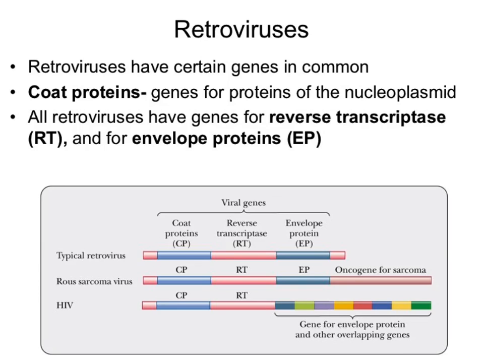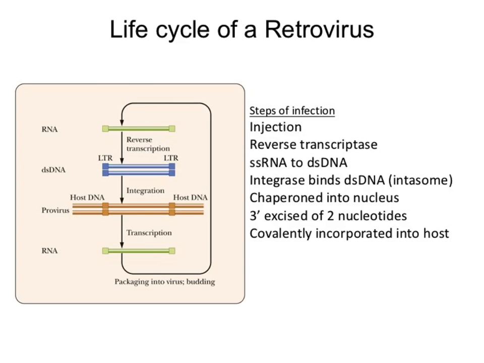So we have an initial reverse process, RNA to DNA, but now we also have to go viral DNA to host DNA. That's also not really provided, so we need another enzyme supplied by the virus to allow that to happen. So we get two big things that come in. We get the injection, we get the reverse transcriptase, meaning our viral RNA gets turned into double-stranded DNA.